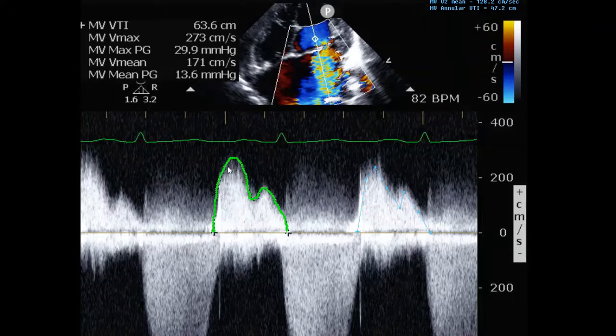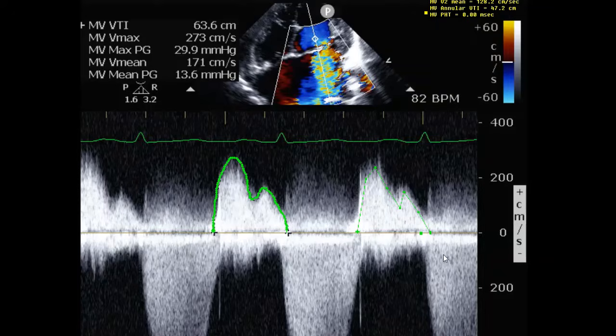You definitely don't want to clip on all the hairs. So we get a mean gradient of 13 millimeters of mercury, which is severely elevated. Also, a gradient of 13.6 millimeters of mercury. So that's pretty elevated. If you're dealing with mitral stenosis, certainly that falls into the severe category.